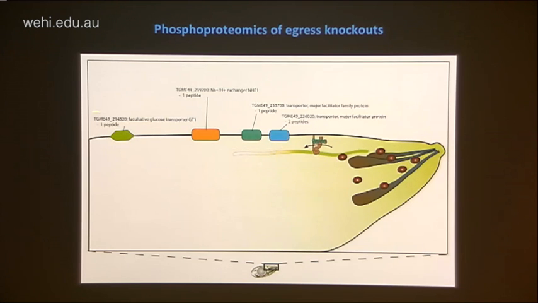We were able to characterize one phosphopeptide from a facultative glucose transporter, which is an interesting result. Obviously, you need glucose if you're going to be gliding around trying to find host cells to invade.